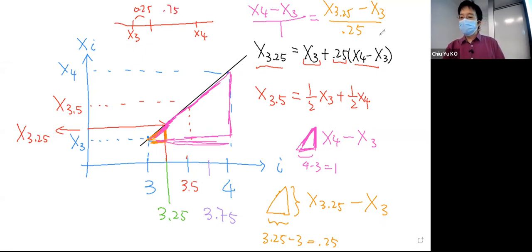So it will be just itself plus 25% of the distance, the distance between x3 and x4. So you can easily see that if I want x3.75, that is how you get this formula.